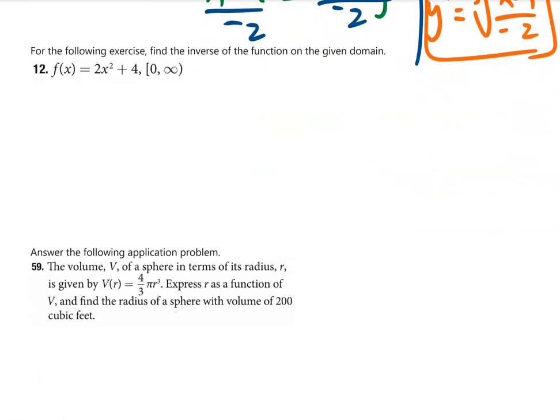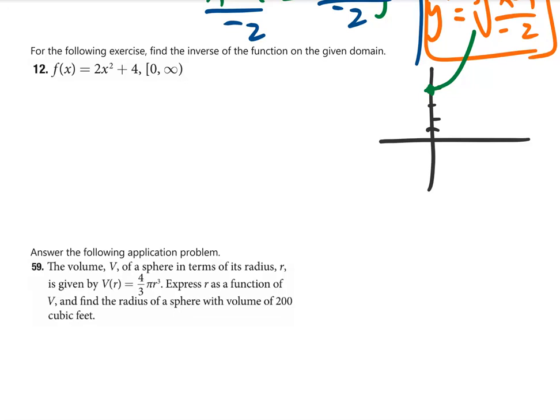Next one, number 12. For the following exercise, find the inverse of the function on the given domain f of x equal to 2x squared plus 4, domain from 0 to positive infinity. So if we try to graph this, it's a parabola, but 2x squared plus 4, meaning plus 4 is you go up 4.